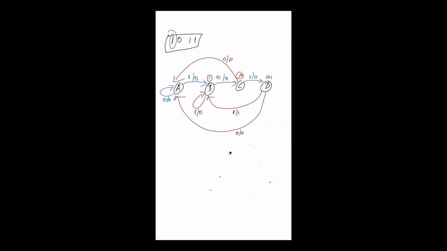Similarly, you can draw a state diagram for 1 1 0 1, right? Now I will draw a little fast to make it more clear to you. Suppose again you are having 4 states: A, B, C, and D, right? You have to detect the sequence 1 1 0 1. You will remain at state A if the first bit is 0.